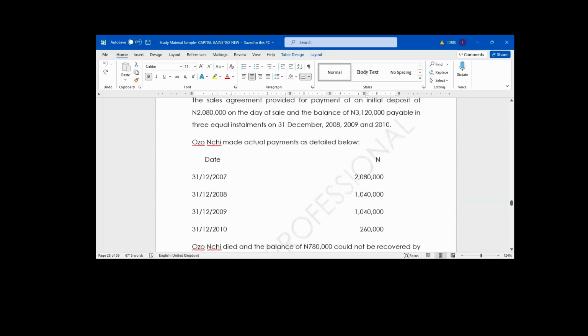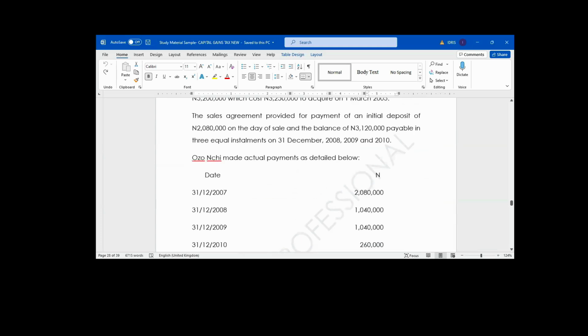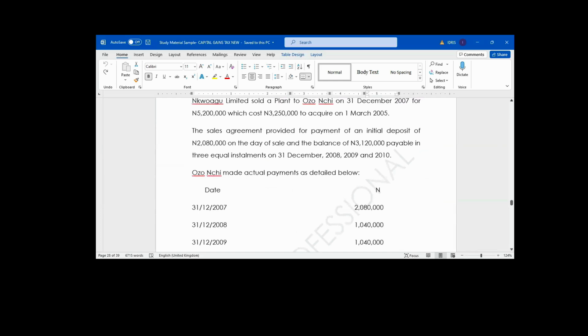Take for instance, this buyer, the first payment he made was which year? 2007. How much? 2.08 million, which is 2,080,000.